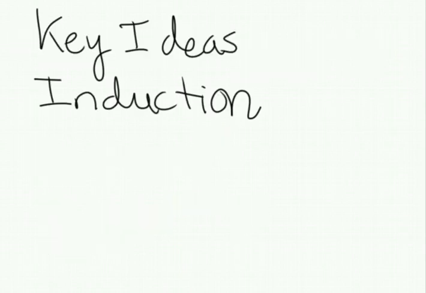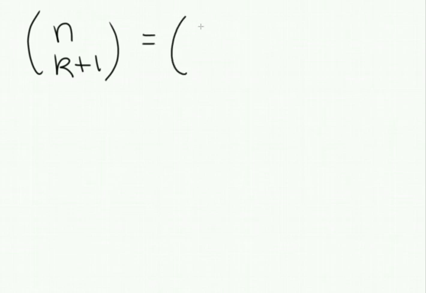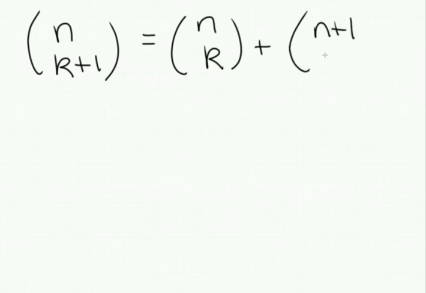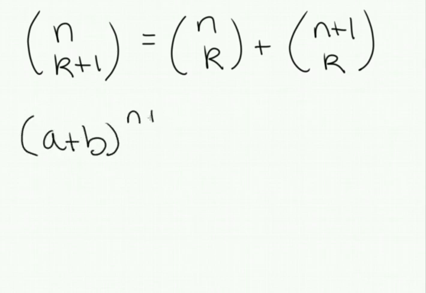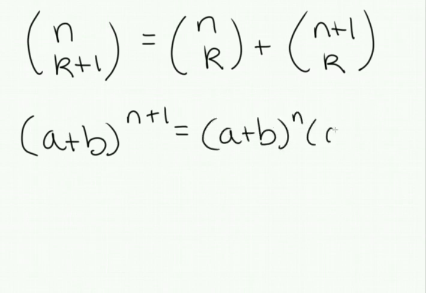So our next key idea would be to use Pascal's triangle recurrence relation, which is n choose k plus 1 equals n choose k plus n plus 1 choose k. We should also note that (a + b)^(n+1) equals (a + b)^n times (a + b).